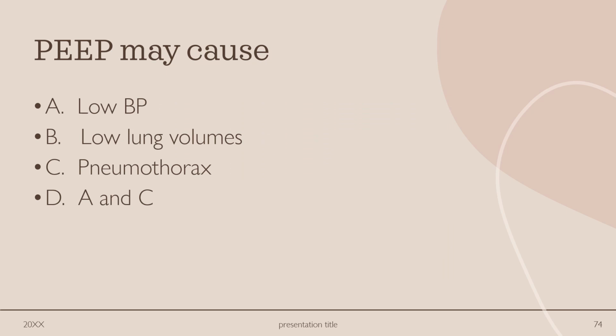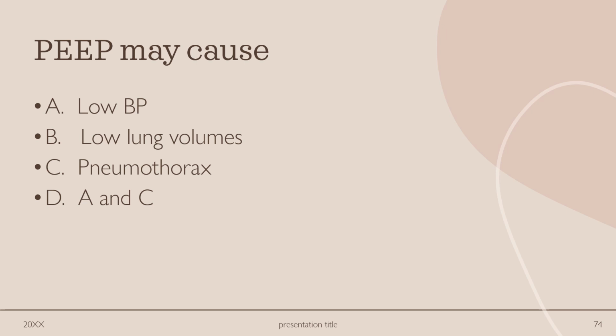So just to mix it up a little bit, PEEP may cause A, low blood pressure, B, low lung volumes, C, pneumothorax, or D, A and C. And the answer to this would be A and C. The reason is that yes, PEEP is good, but too much of a good thing is not always a good thing. Sometimes if a baby is getting too much PEEP, it can overinflate the lungs and compress upon the heart.